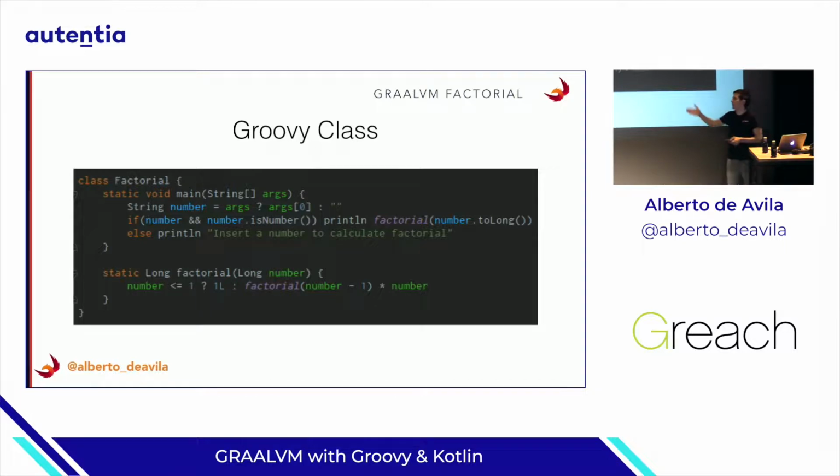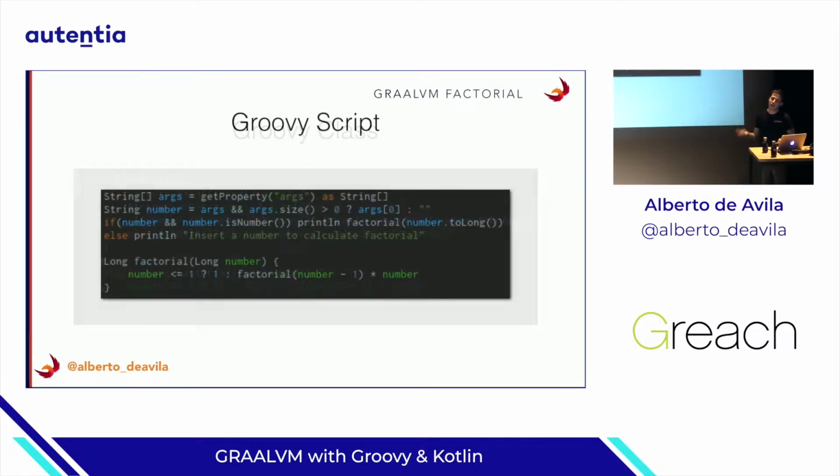As you can see, it's very, very easy code. The other way to do this is using a Groovy script that is very similar to the previous one, but the only thing that changes here is the way to use the args. To use that, we have to call the getProperty method, and we will have access to the args.